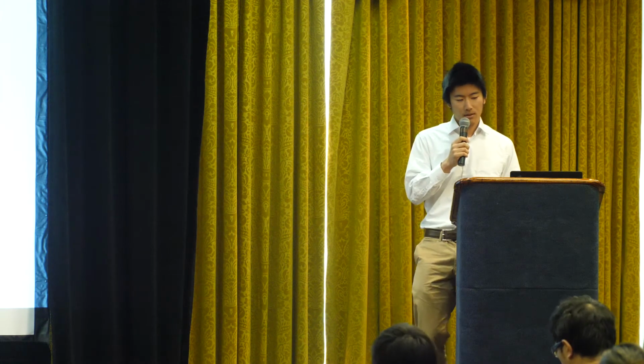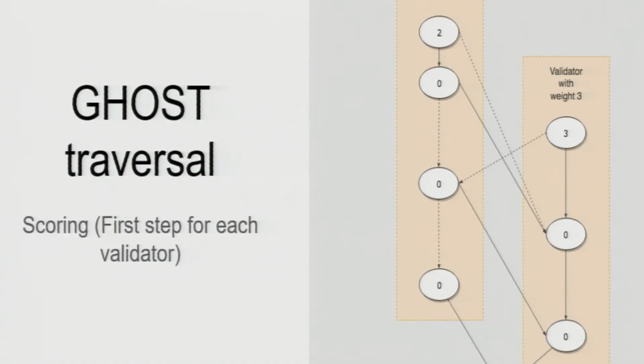To do this, we go through a scoring process where we first score every block with the value 0, and then we go down from the latest block of each validator and add their weight to the chain that follows from it. Here I've shown the first 2 steps for each of the validators. I'm assuming this happens in parallel, but another way to view it is that you could run through and add 2 for the left validator first, and then run through again for the right validator and add 3 to everything.